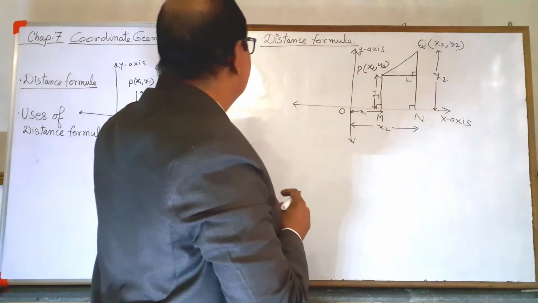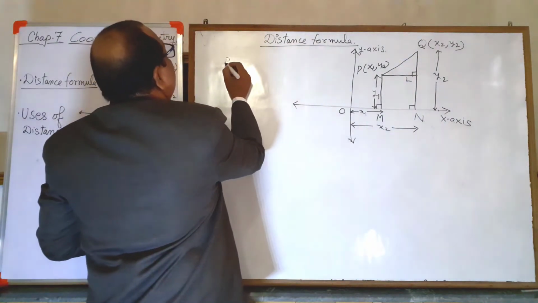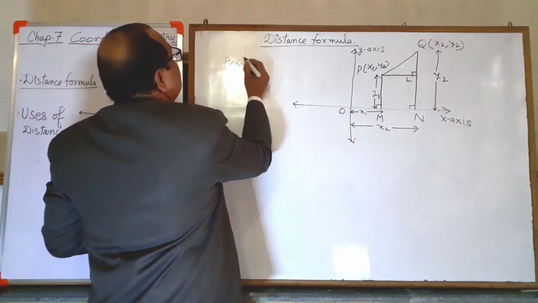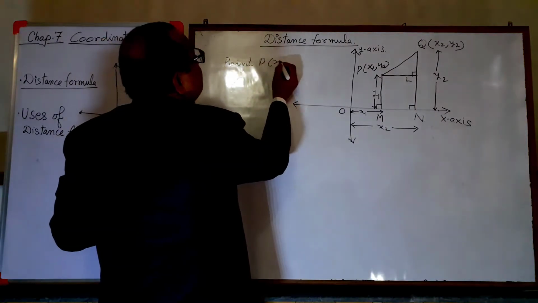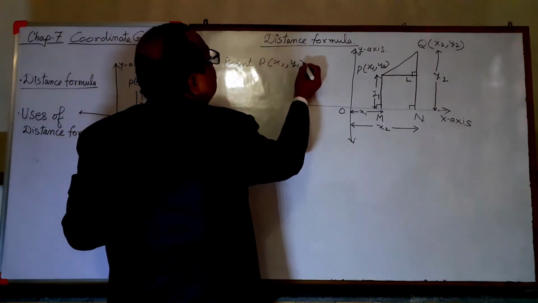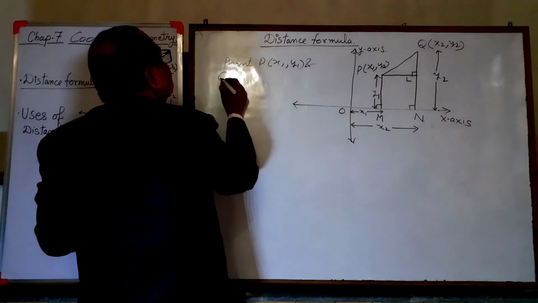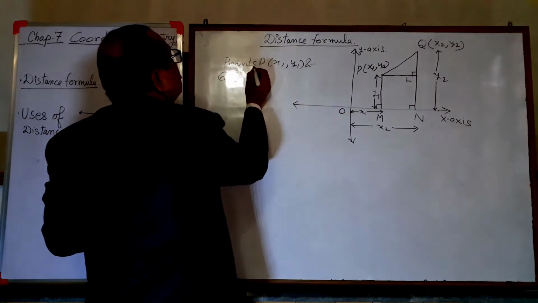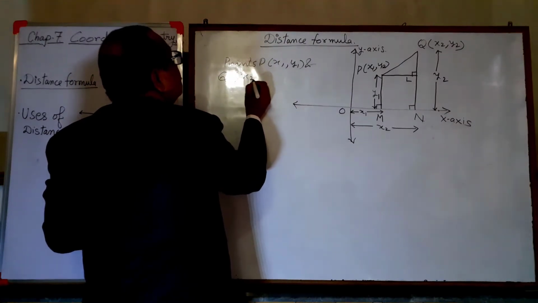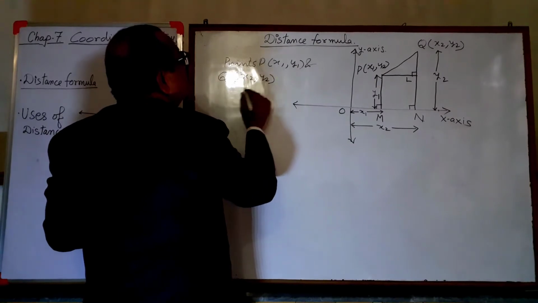Now you can see point P, x1, y1 and Q, x2, y2.